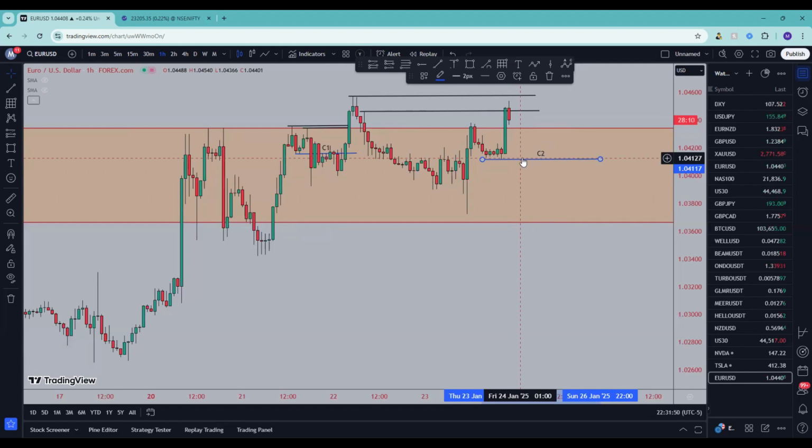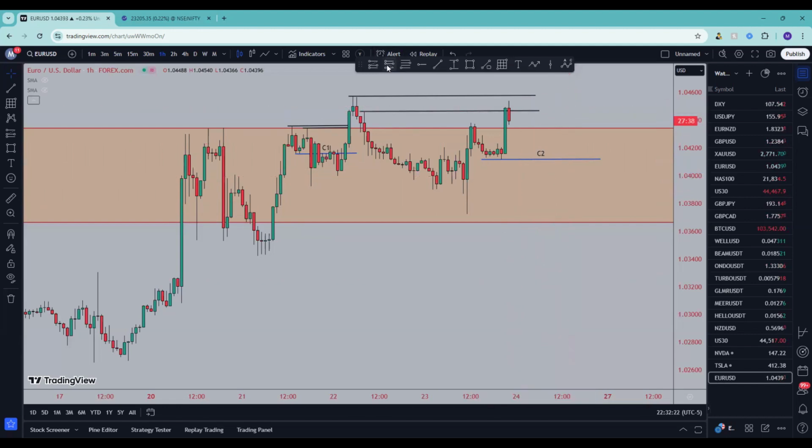That's what we call a wick transfer. So you see, we kept transferring the wick from here to here to here to here because price never did a break. It just kept sweeping the wicks. So if price breaks below this one now, if it closes with a candle body, not just a wick, below it, I will sell it.